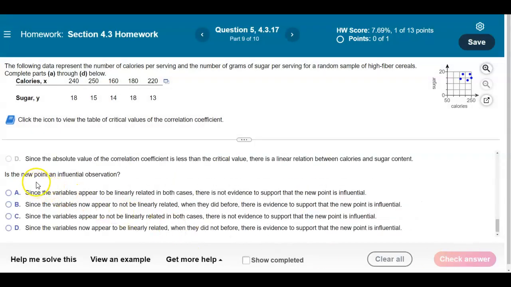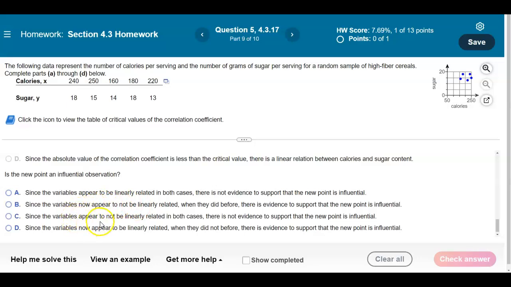Okay, now it says, is the new point an influential observation? Now, it says, since the variables appear to be linear related in both cases, there is not evidence to support that. Well, it wasn't linear related for the first one. It says, since the variables now appear to not be linear related when they did before, that's not true.